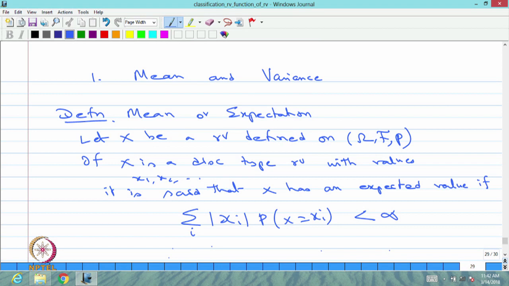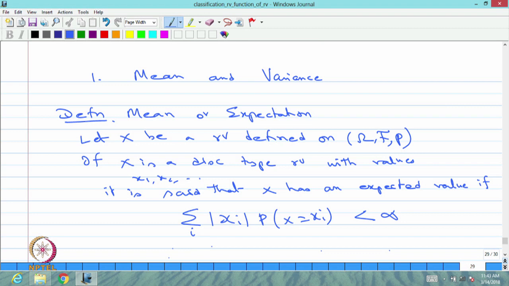What we are saying is, whenever you have a random variable defined on the probability space (Omega, E, P), if it is a discrete type random variable whose values are x1, x2 and so on, it is said that X has the expected value if the summation over i of the absolute value of x_i multiplied by the probability of X equal to x_i has a finite value.